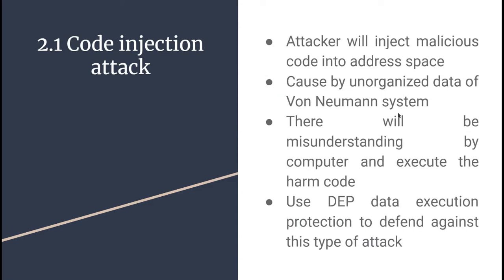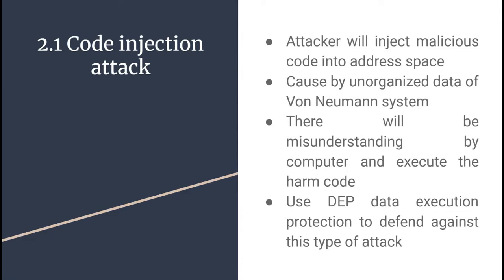So what is a code injection attack? In a code injection attack, the attacker injects malicious code into the address space of the attacked process by using the input operation of the process, making the process illegally execute it. The attacker mostly succeeds because a vulnerable, poorly organized system makes the computer misinterpret data as instructions to be executed.